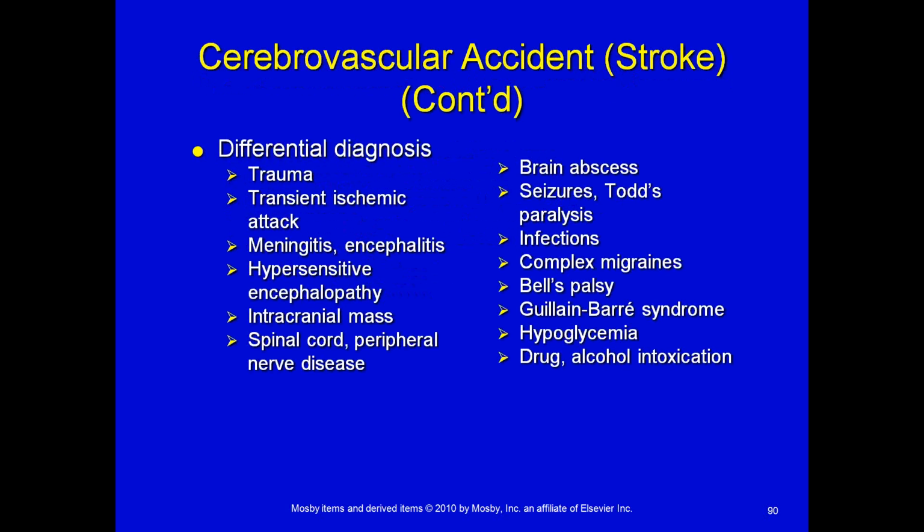So some differential diagnoses that you might think about when somebody has a stroke are certainly a head injury, and in my opinion a stroke is a head injury, a transient ischemic attack, a TIA, and we'll talk a bit about that in the next slide, I think, meningitis, encephalitis, hypertensive encephalopathy.